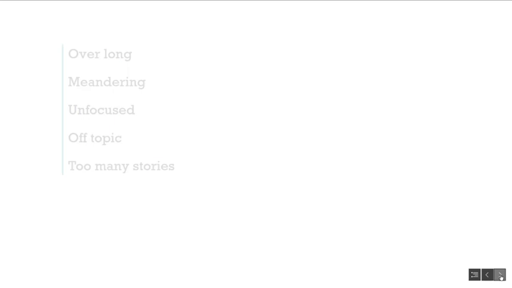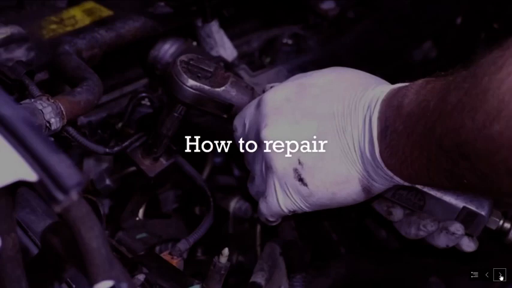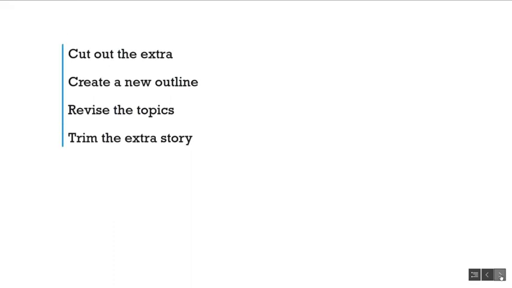So let's take a look at how to repair those things. Now, I know that we've gone through this a few times. We've looked at fixing what needs to be repaired in your writing, but let's continue. If you have too many stories, or you are meandering a little bit, maybe you need to cut out the extra.